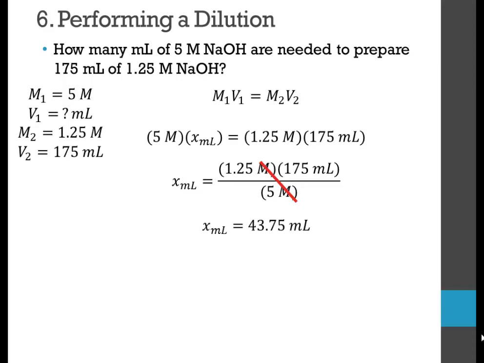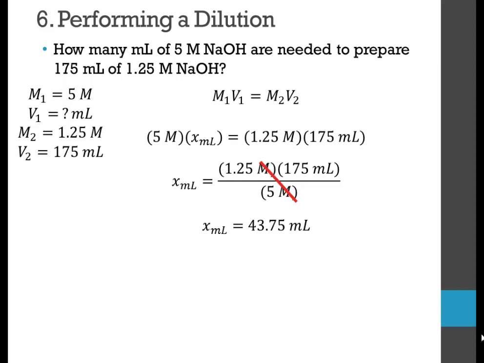So in this case, because it's given us 175 milliliters and it asks for milliliters, we don't need to do any conversions there, because whenever we plug everything into our equation, the molarity is going to cancel out and leave us with milliliters. So I get 43.75 milliliters of 5 molar NaOH.